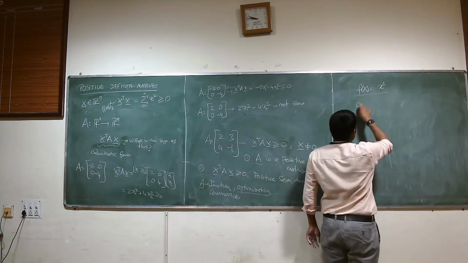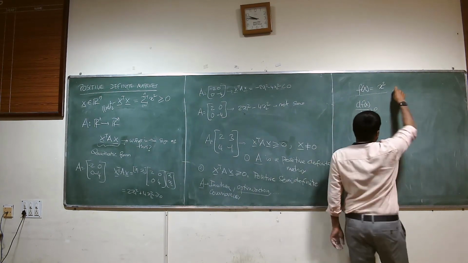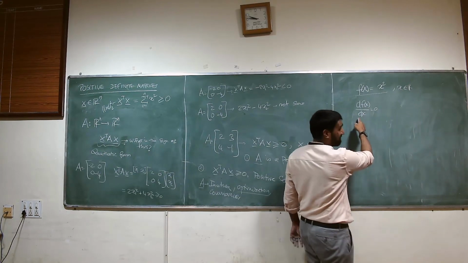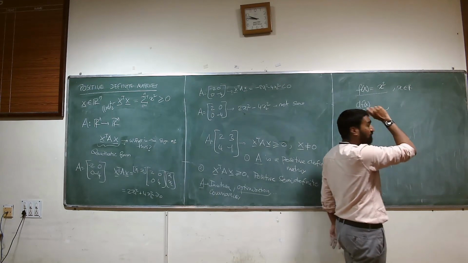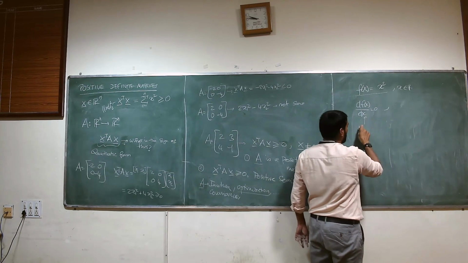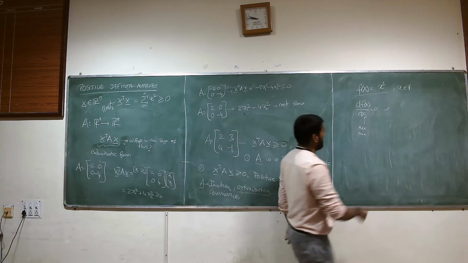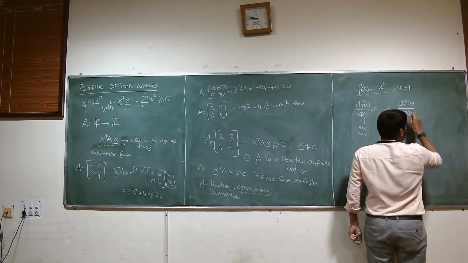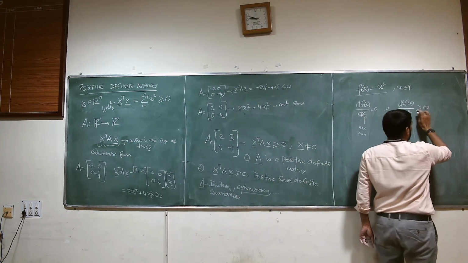Well, you say, for it to have a minimum, this has to be 0. Well, x is a scalar. But that's not enough. What is an additional condition that you have to have for the function to have a minimum? Because this is satisfied by both maximum and minimum. The second derivative should be greater than 0.